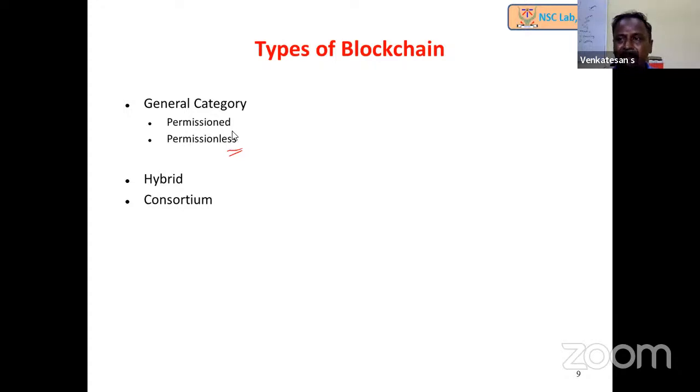So in case of permissioned blockchain, there will always be an administrator who will allow the participating nodes to join into the network. And they communicate with each other, considering the credentials they received from the administrator. But in case of permissionless, we don't have any kind of administrator. Anybody is allowed to join into the network. So whether they are known to you or not known to you, they will join. So for example, in Bitcoin, Ethereum, or any of the cryptocurrencies, anybody can join into the network.